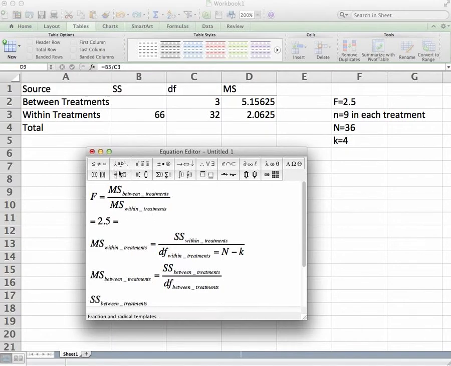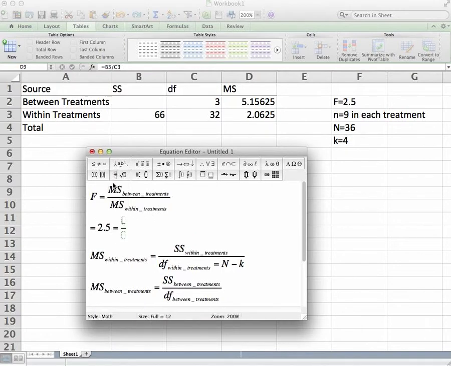And that F is computed by MS between treatments, which we don't know, divided by MS within treatments, which we do know. I just calculated that. It's 2.0625. So if we know that this quantity here is equal to this quantity, how do we get this top part by itself?